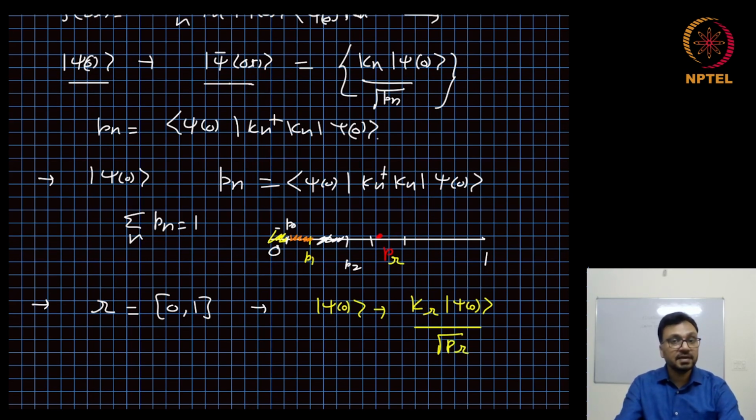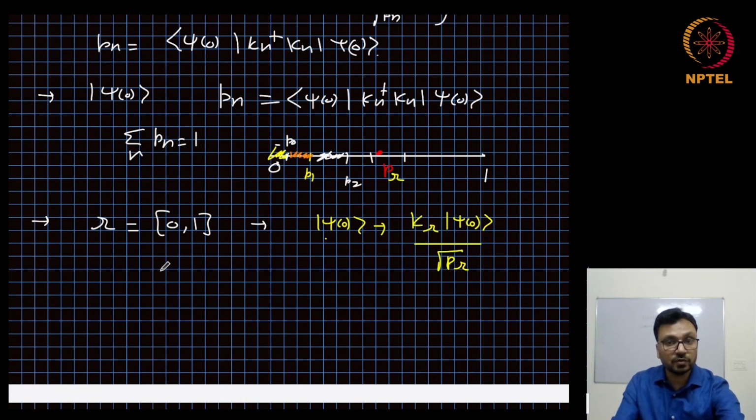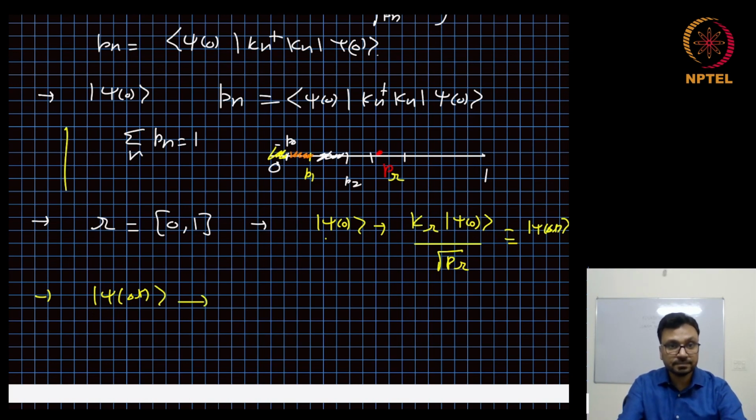So in this attempt, our state psi of 0 went to psi of R, which is K_R acting on psi of 0. We repeat this process, and we get psi of delta t, and then we evolve it using the same method and get psi of 2 delta t. Here also we toss a random number.